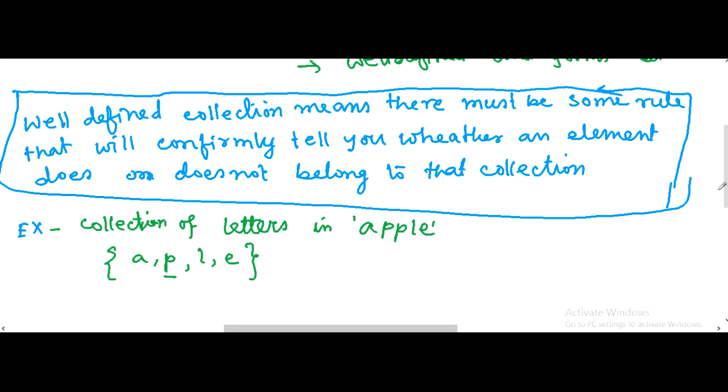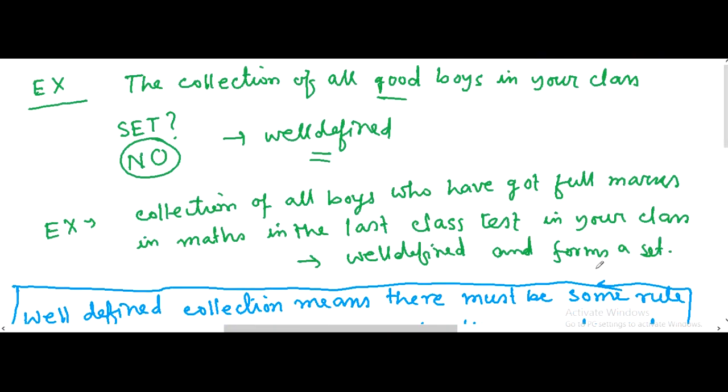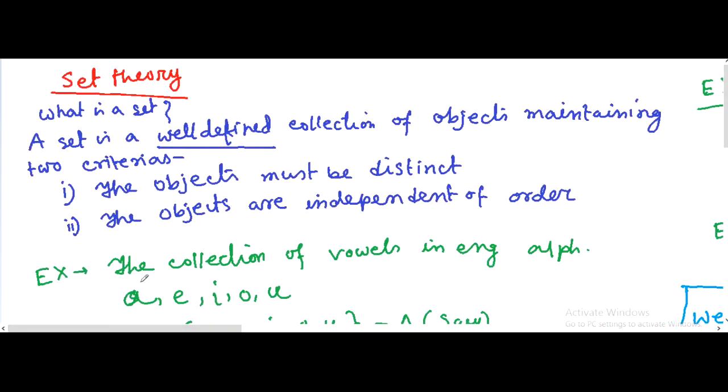These are the criteria. The objects must be distinct. I have to follow this, so repetition is not allowed. There is one more criterion: the objects are independent of order.